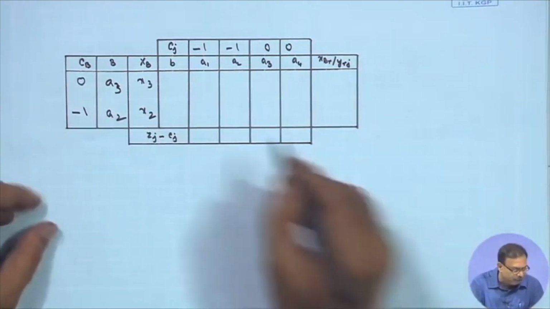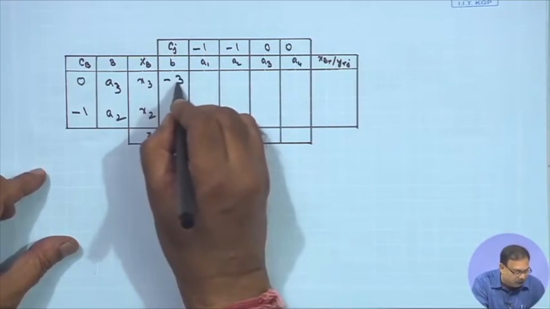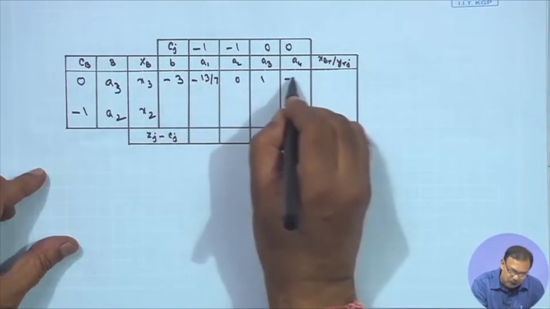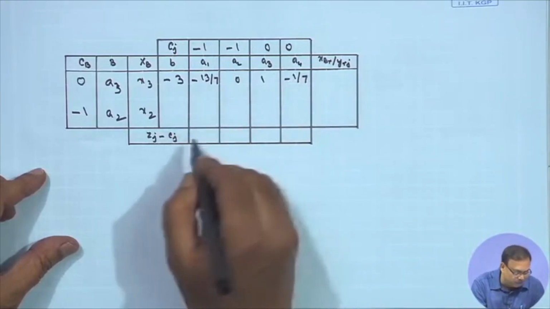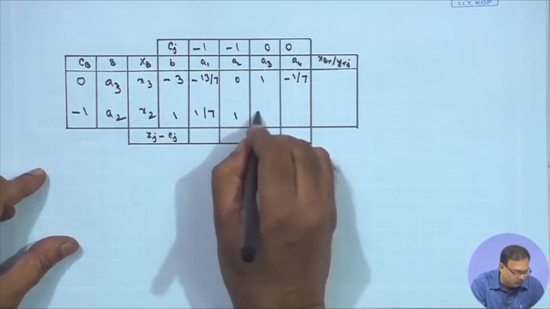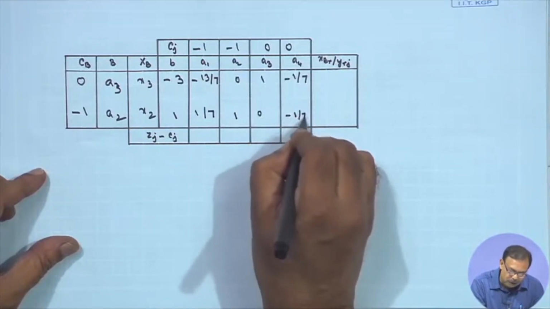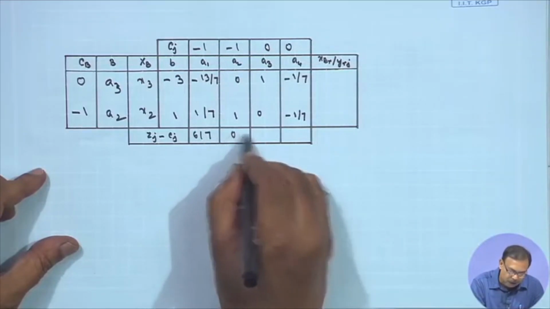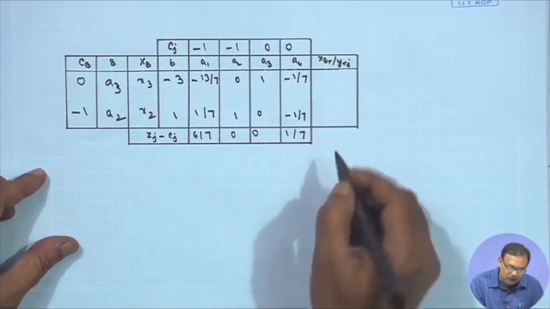As I was saying, I am directly writing here minus 13 by 7, 0, 1, minus 1 by 7, 1, 1 by 7, 1, 0, minus 1 by 7. Your z j minus c j is 6 by 7, 0, 0, and this will be 1 by 7.